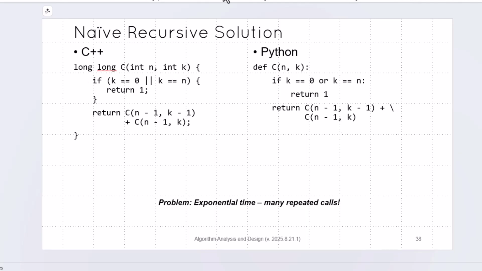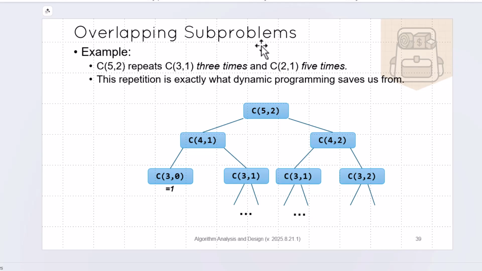And this would be a naive solution right here. This is just directly implementing it with recursion, but we end up with exponential time. There are tons of repeated calls, right? So overlapping subproblems exist, so this might be a candidate for dynamic programming.